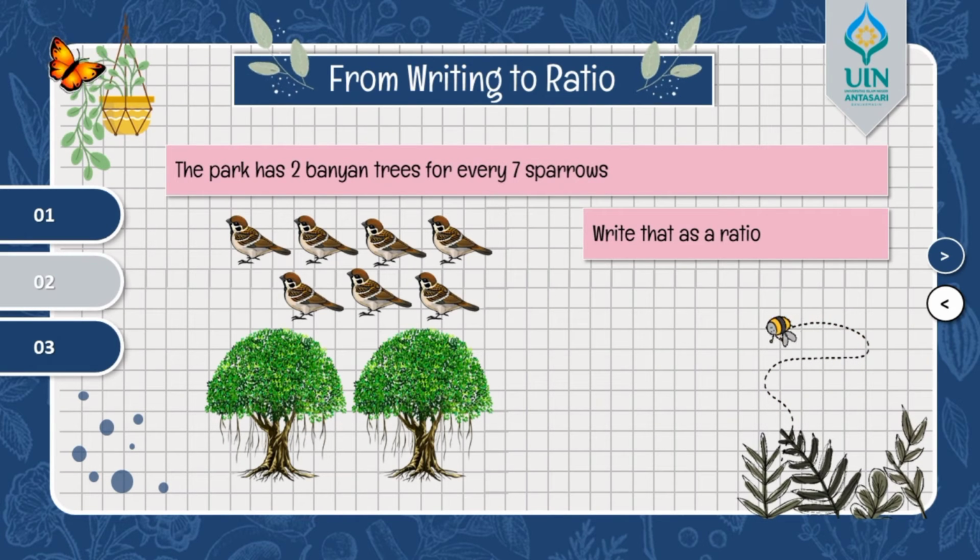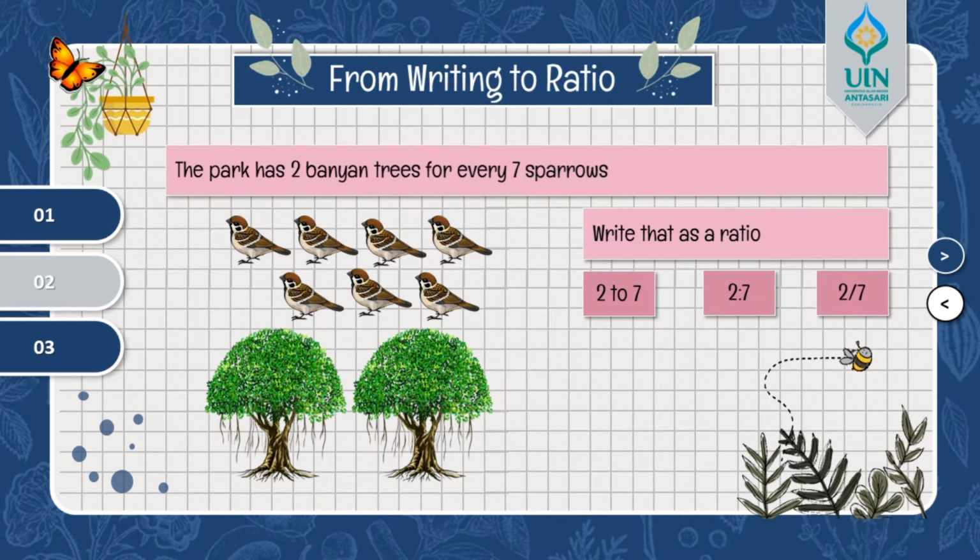It's written banyan trees first, sparrows second. So, we could write it like this: 2 to 7 ratio, 2 to 7, 2 colon 7, or 2 over 7.